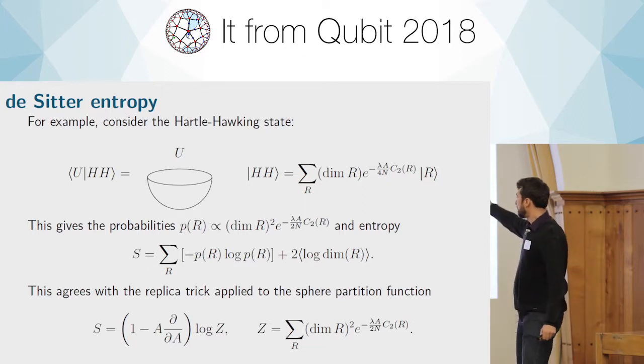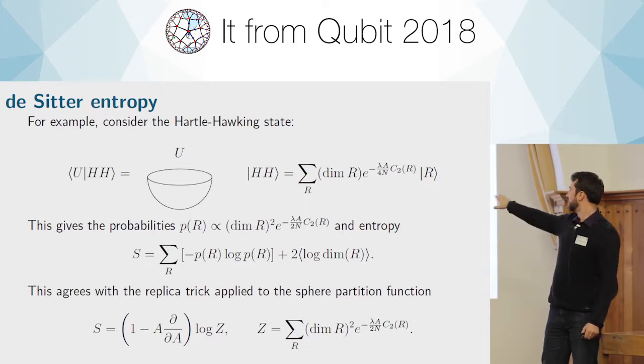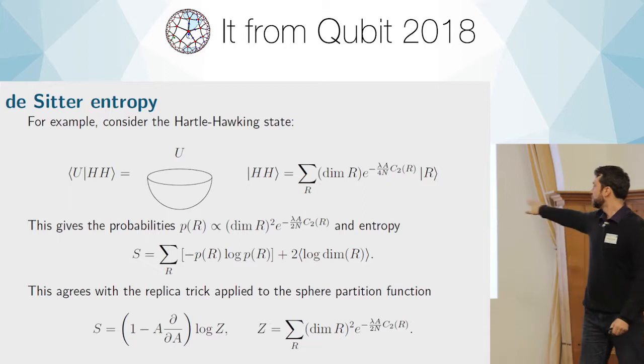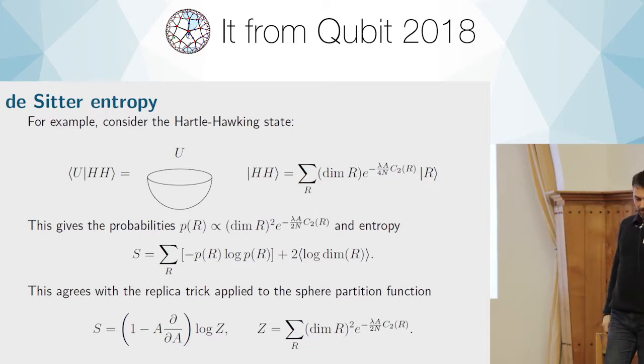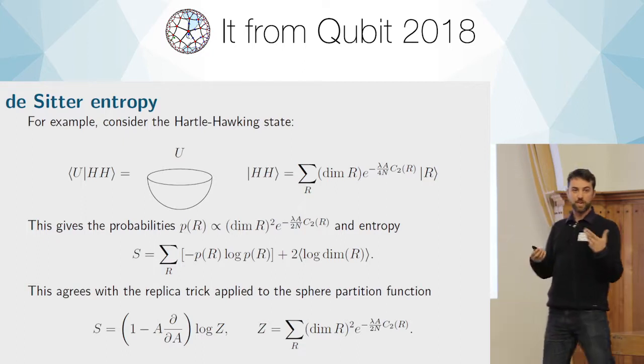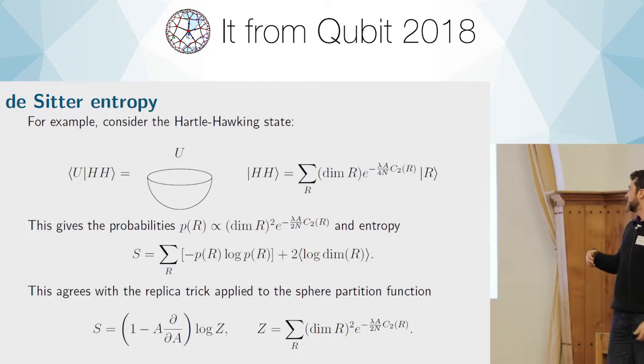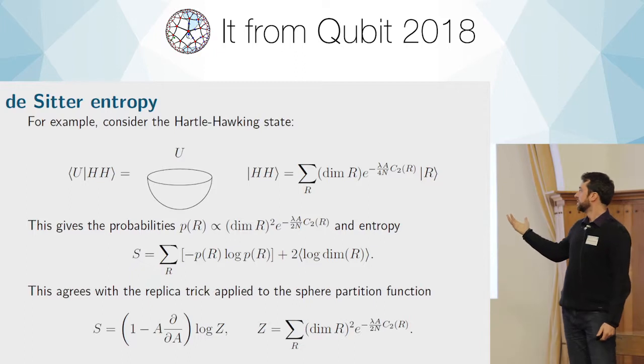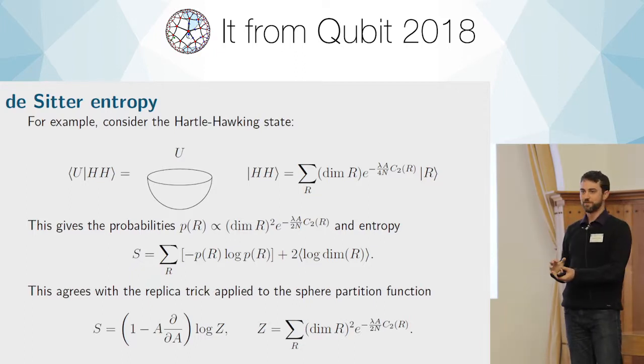That tells us the probabilities, and the entropy follows precisely from the formula that I gave on the previous slide. It gives an answer that agrees with the replica trick applied to the sphere partition function of the theory.